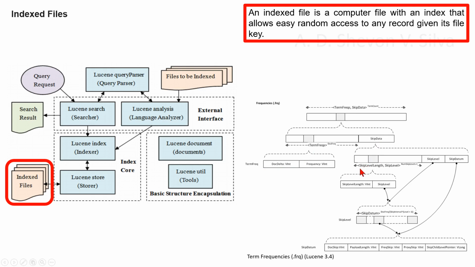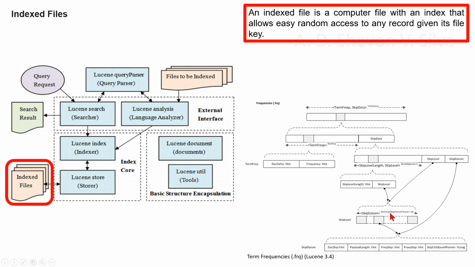The skip data consists of skip level, skip level length, num skip levels minus 1, and skip level and skip datum. Here the skip level length is a vint, and it's connected to a skip level and skip datum here.